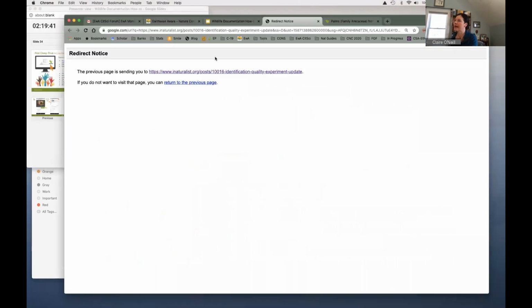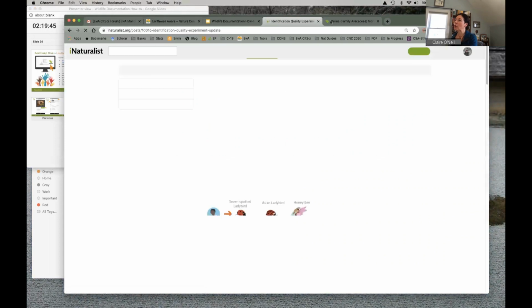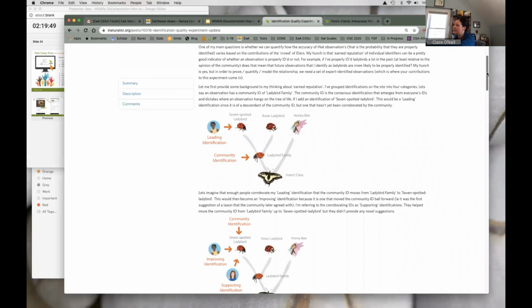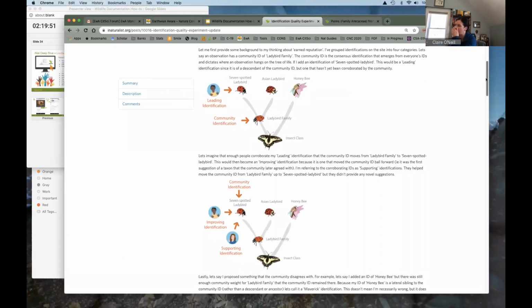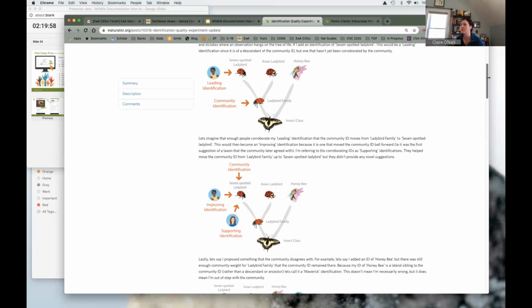They have a post, a nice community where they explain in detail what a maverick identification is. Essentially, there is a consensus along a taxonomy branch or a set of taxonomy branches, and someone comes completely off there.